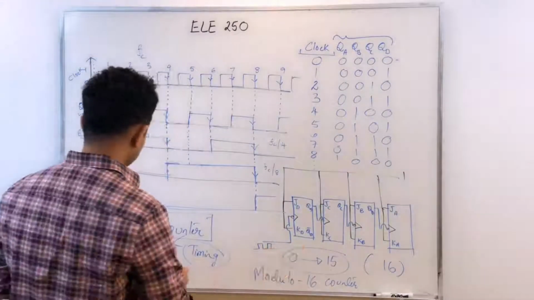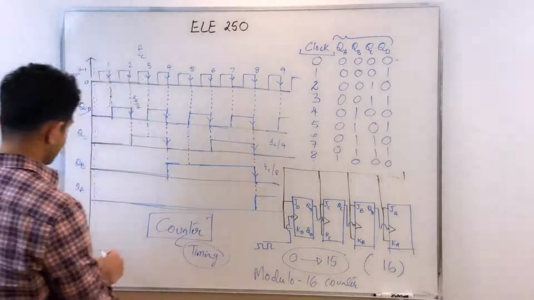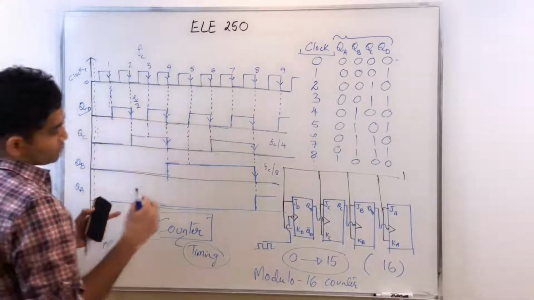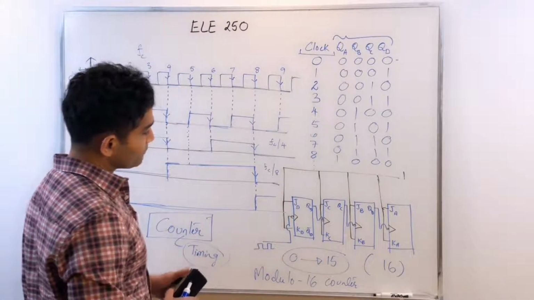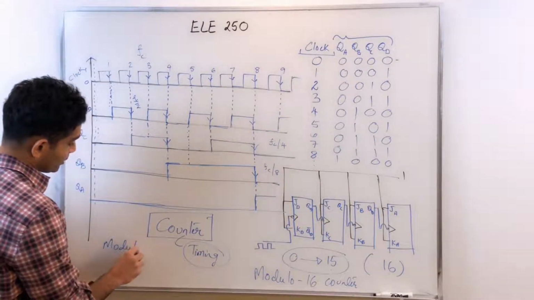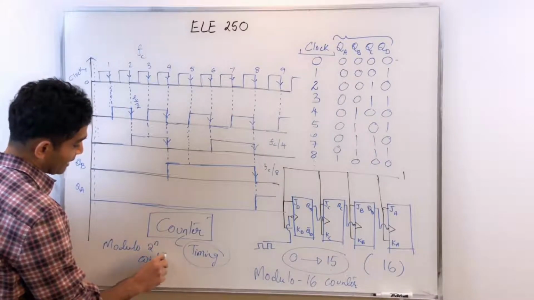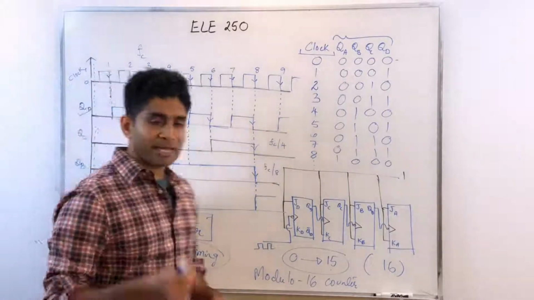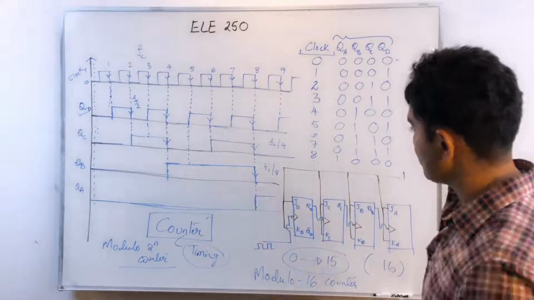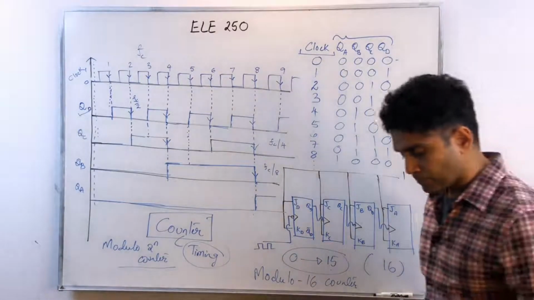Or I can simply say, if n is the number of flip-flops I have, and I construct a counter with n flip-flops, then that would give me what is called a modulo 2 power n counter, because I can get 2 power n unique counts using n flip-flops in a counter configuration in this way. So that's going to be a modulo 2 power n counter.